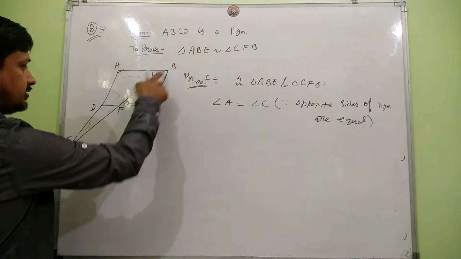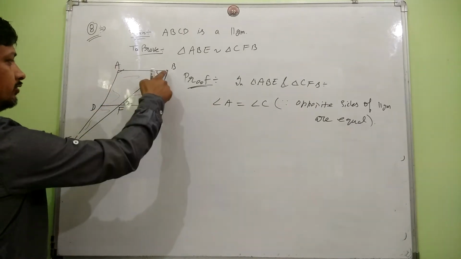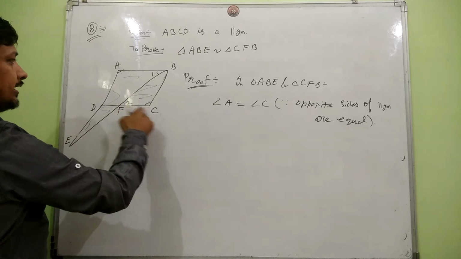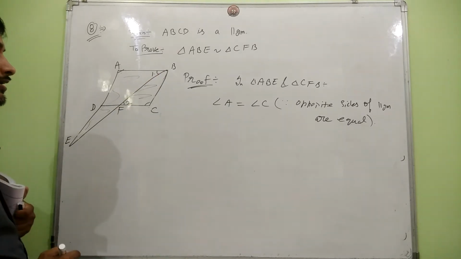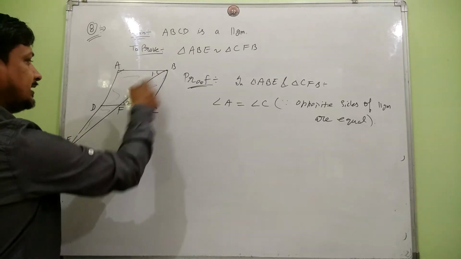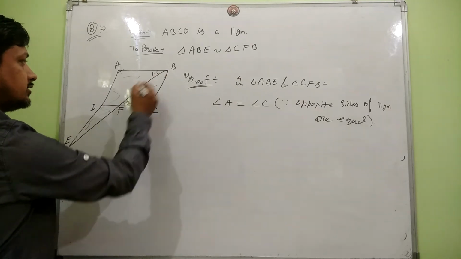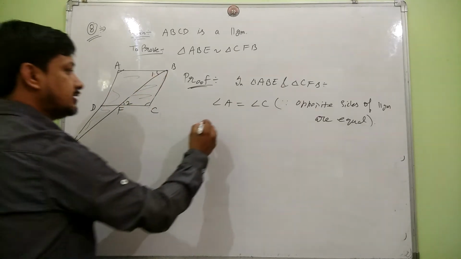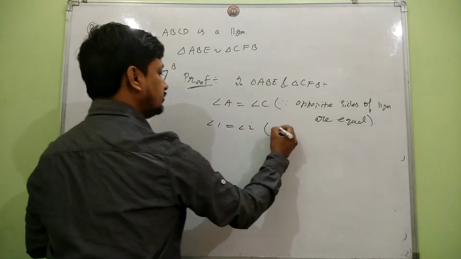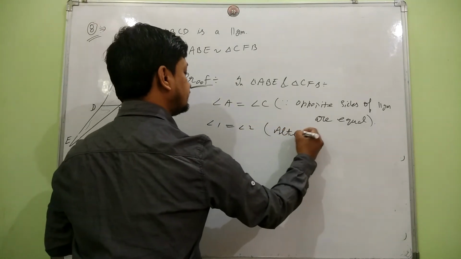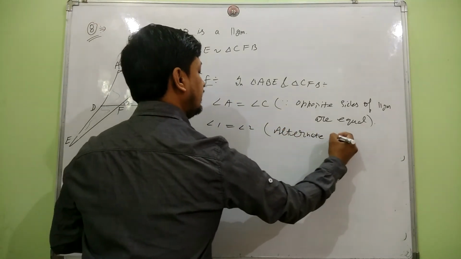Angle 1 of this triangle ABE will be equal to angle 2 of triangle CFB. Why? Because this line is parallel to this, and this is a transversal, so these are alternate angles. So angle 1 equals angle 2.